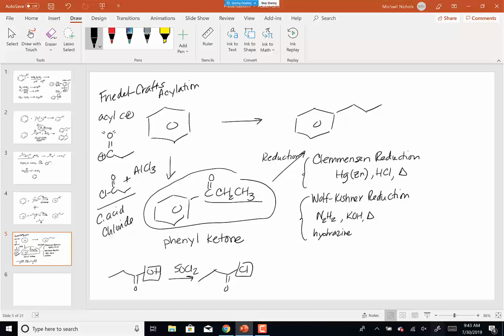They're used specifically for those reductions. And so these two methods allow us to make straight-chained alkyl benzenes, because Friedel-Crafts will not work, because they rearrange.